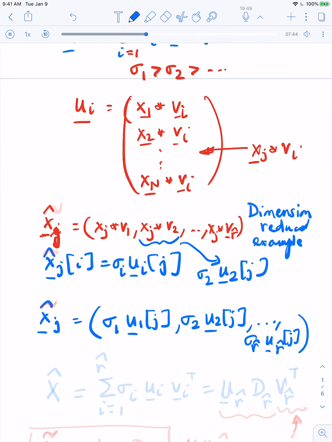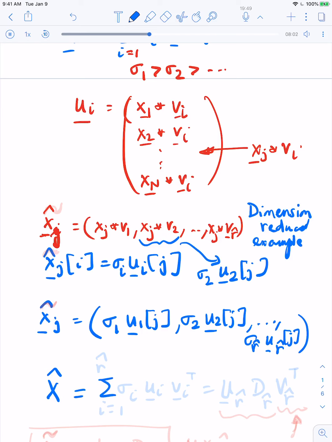I'm running out of room. So what have I done? Basically, what I did was a truncation of the SVD to the r hat entries.